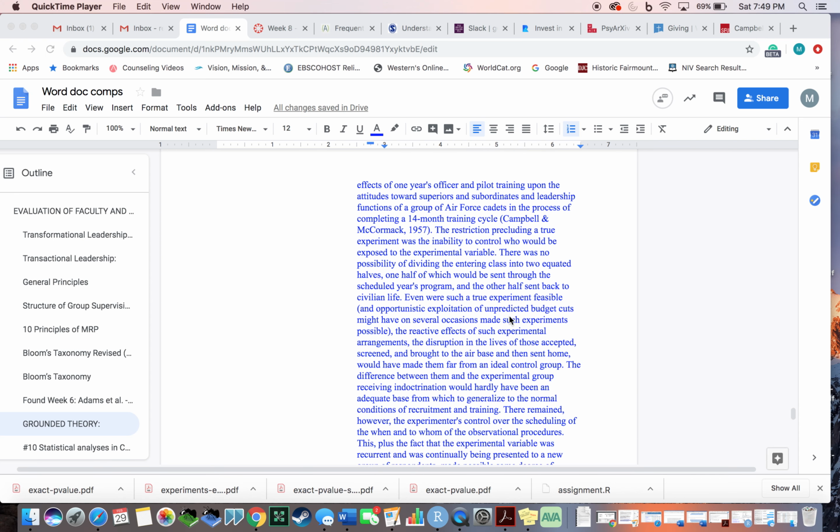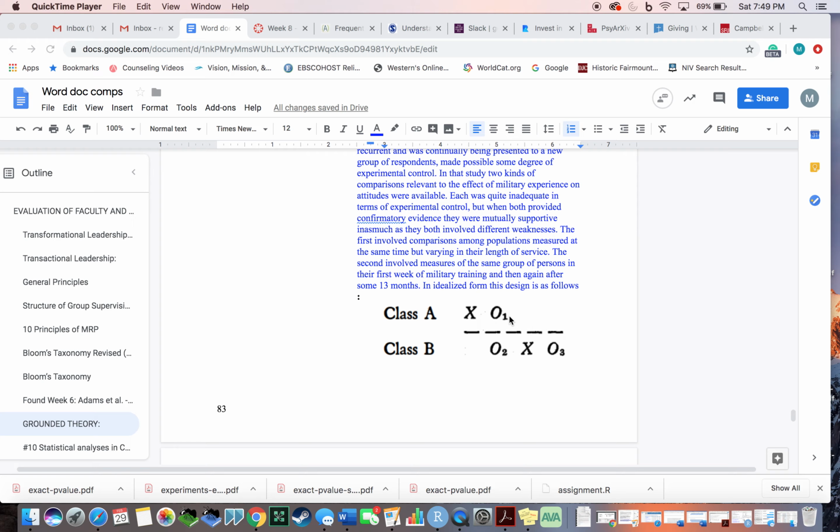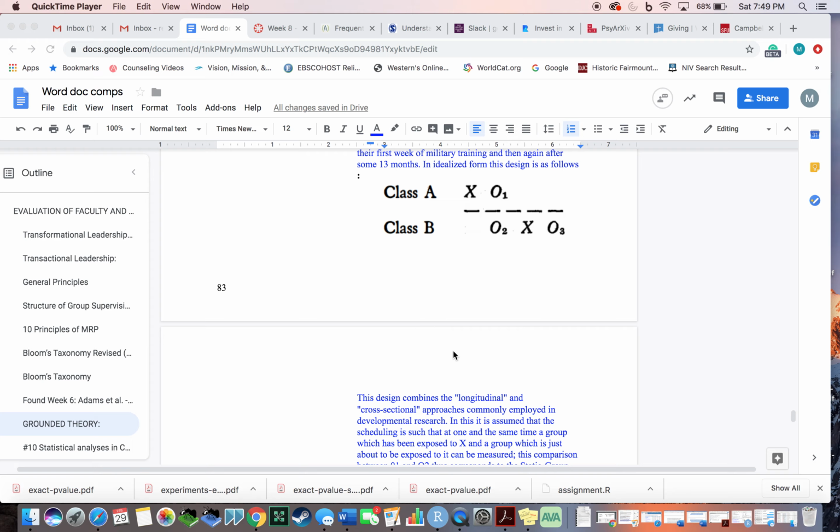If we wanted to get really fancy, we could come down here. And the way that we would design this is we would have a Class A and a Class B for the hybrid program, and then we would have essentially a Class A and a Class B for the on-campus program, and essentially compare those groups against each other.